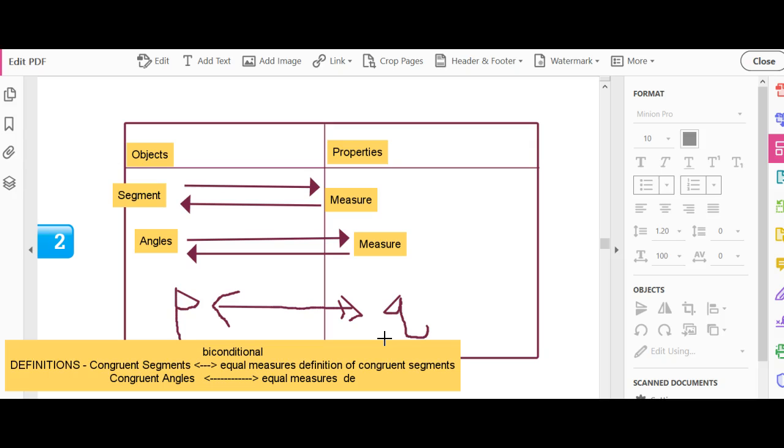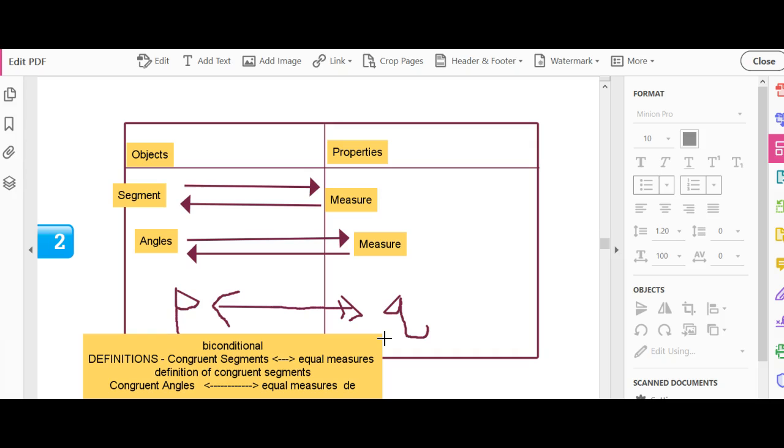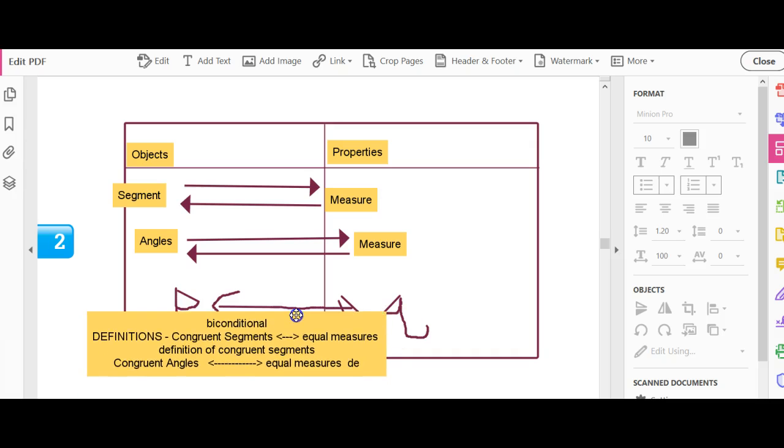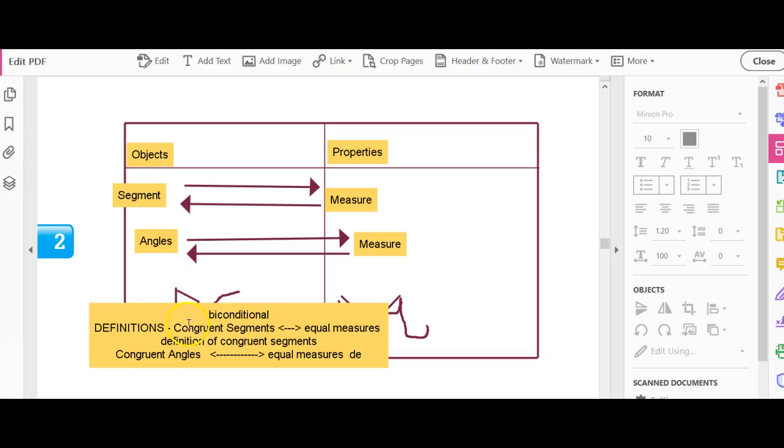I need to bring this down here. Hopefully the whole thing will fit. Let me try sliding that up a little bit. So if I'm going back and forth in either direction between congruent segments and the fact that they have equal measures, then I'm using the definition of congruent segments. The same thing with angles or any other object.